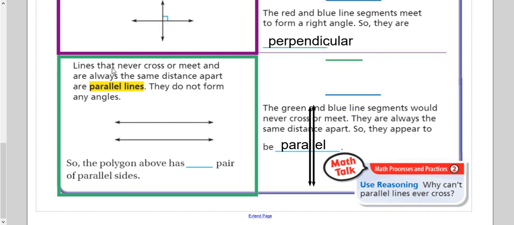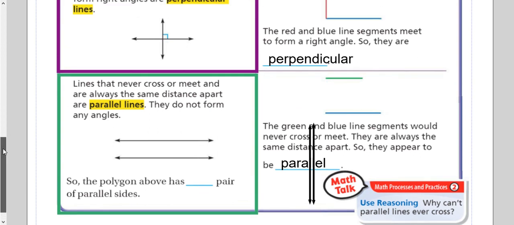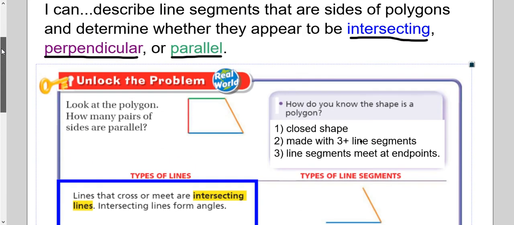So over here, lines that never cross. The polygon above has, well, let's go back up and see here. How many sets of parallel lines? Well, we had a line that went here and here. Nope, that's not it. That's actually a perpendicular angle. We had right here and here. Nope, that's not going to do it.